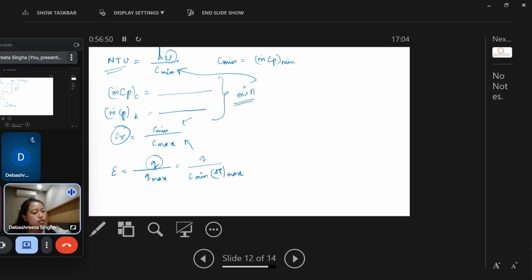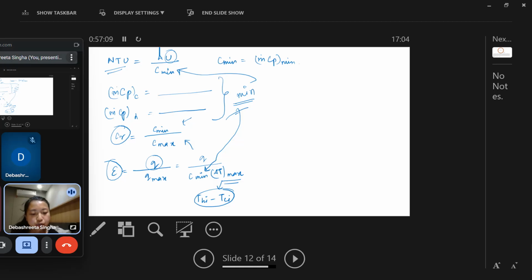C min is already from here, whichever is the min will come here, and delta T max is given by THI minus TCI. So this delta T max is fixed. So you'll get some value of epsilon.